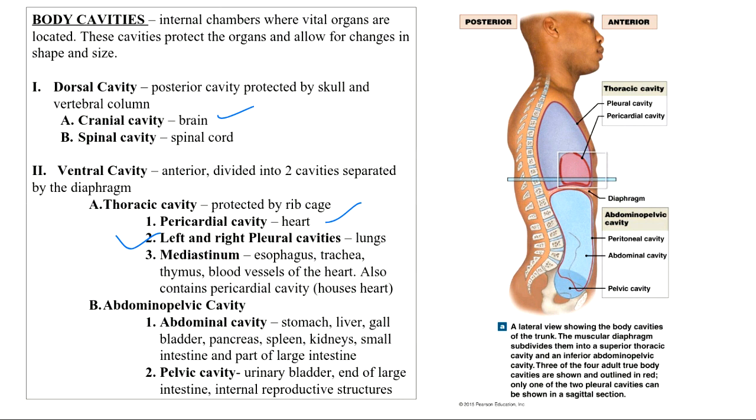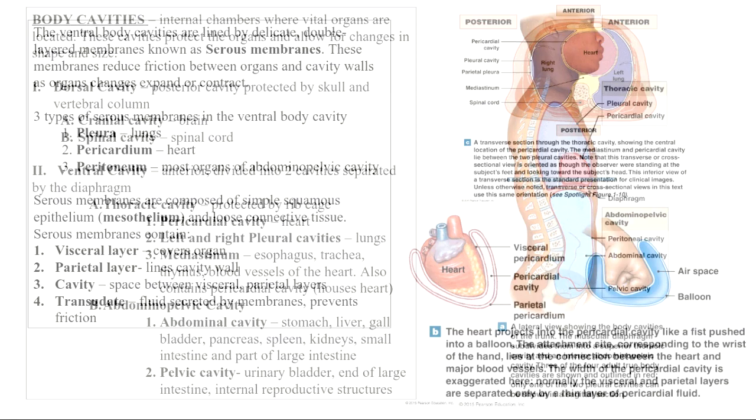For instance, the abdominopelvic cavity, understanding the abdominal cavity, of course, what organs reside there? Oh, the stomach, liver, gallbladder, pancreas, and so forth. So definitely want to have all this information related to body cavities, not only understanding the chambers, these cavities, but also which organs belong to which cavity or chamber.